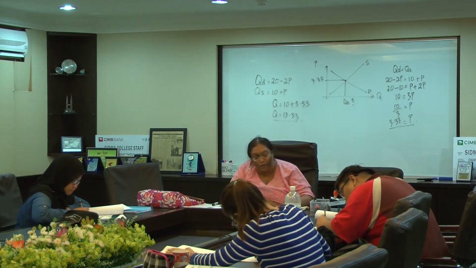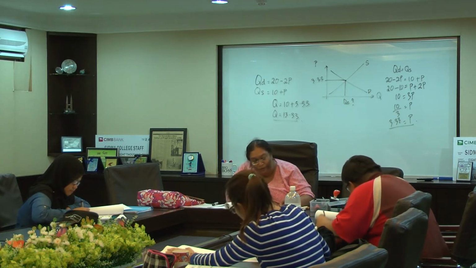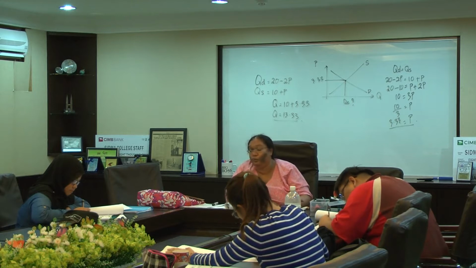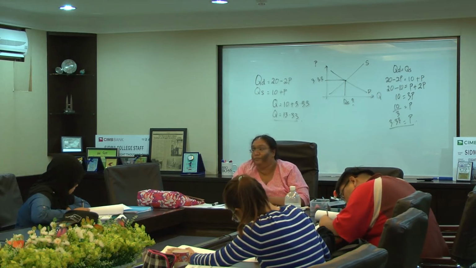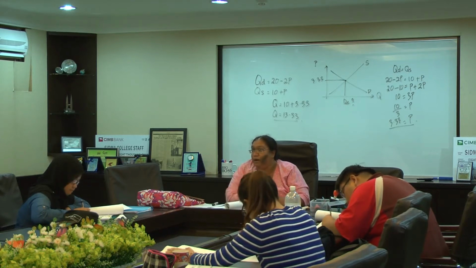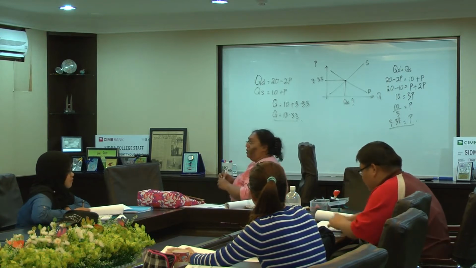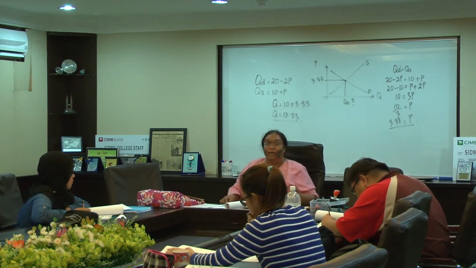Correct or not? What is 1Q? 35 divided by 2. So what is the quantity supplied? Can you follow? 17.5.